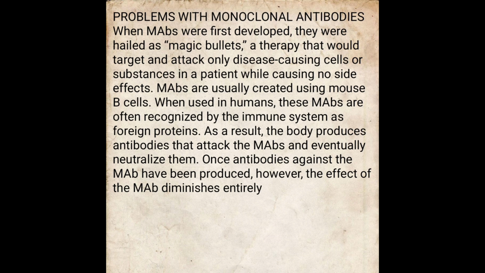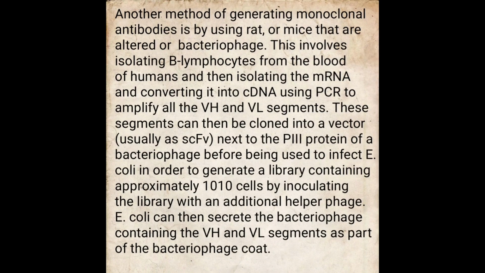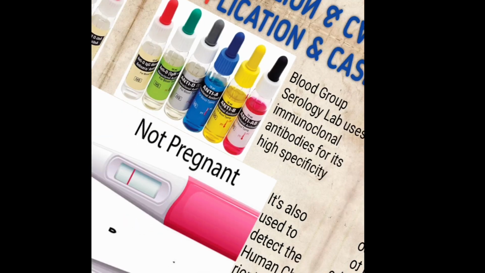But regardless, once that stimulation has happened, the attraction to that antigen is already done. Another method of generating monoclonal antibody is by using rats or mice that are altered so that the reaction will not come. Then there is the bacteriophage that acts on E. coli to produce more of this.